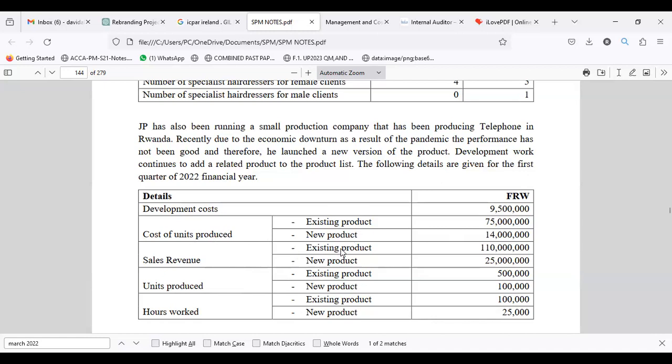Sales are financial performance. Units produced relate to how the internal business is performing. Hours worked could be efficiency, which is an internal issue, about how they are using the resources.